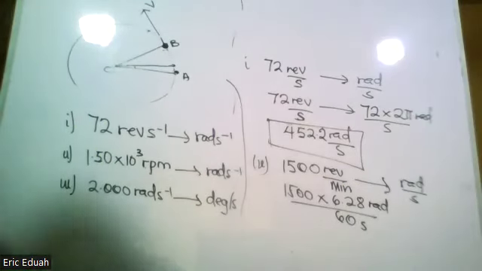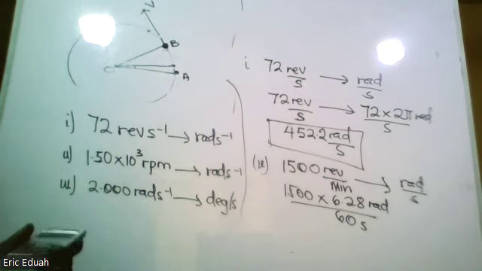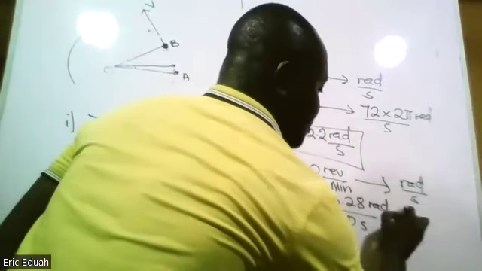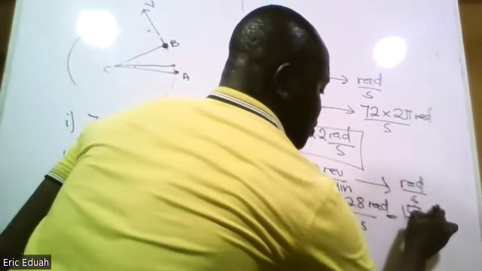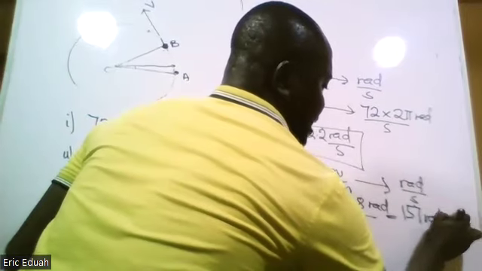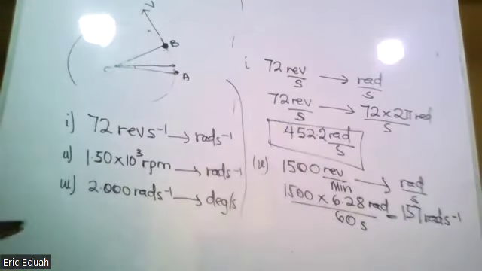So multiply the numerator, divide by the denominator. When you do that, we have 1,500 by 6.28, which is 9,420, divided by 60. And so this amounts to 157 radian per second.